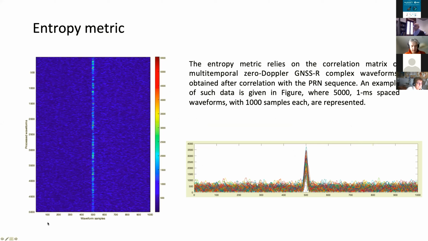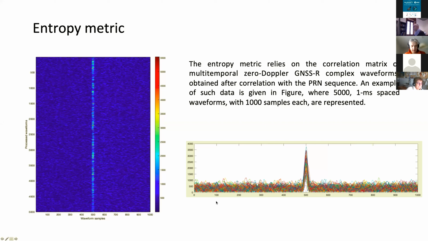The rows of this matrix are delayed waveforms, zero Doppler delayed waveforms. And these waveforms are stacked in this matrix, millisecond by millisecond. So you can see here 5,000 milliseconds of acquisitions with 1,000 points for each delayed waveform.